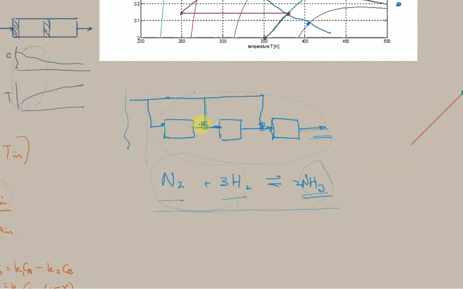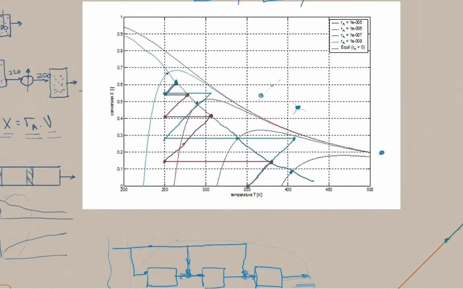So when you mix a stream here with a high flow rate of a stream here, the concentration in this line becomes approximately the same as the concentration here, and the temperature as well. So in this case, the situation looks more like this.